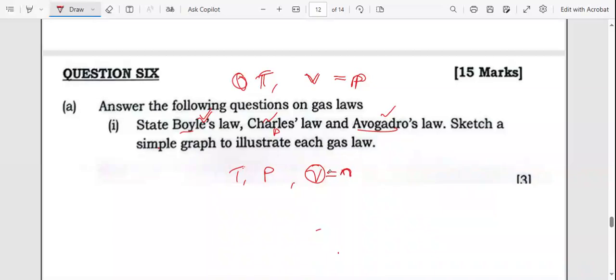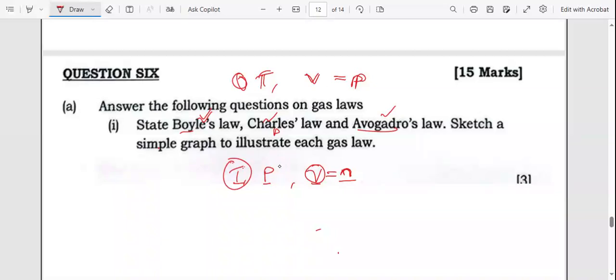So for a fixed mass of a dry gas at constant temperature and pressure, the volumes are proportional to the number of moles. Equal volumes of gases or molecules have an equal number of moles. Is that hard?